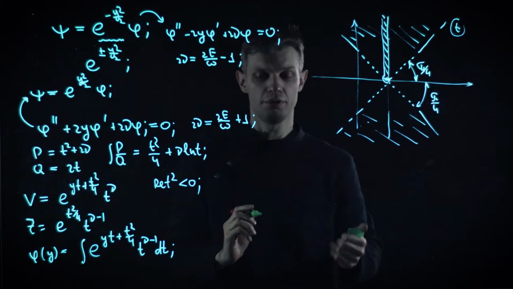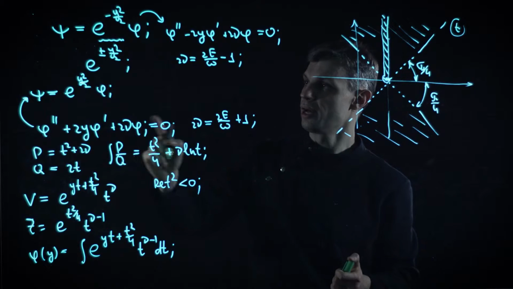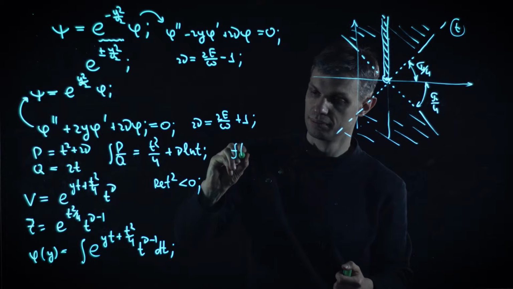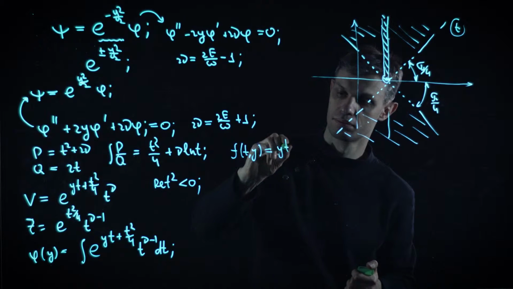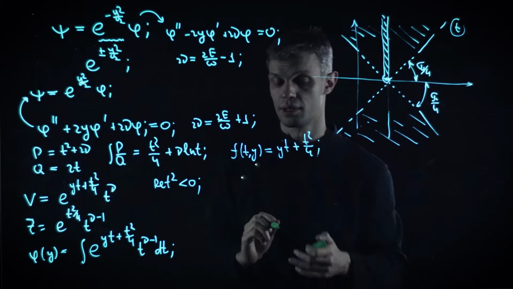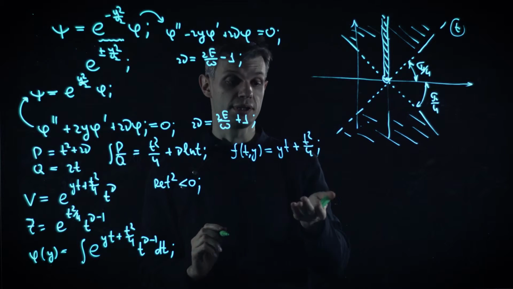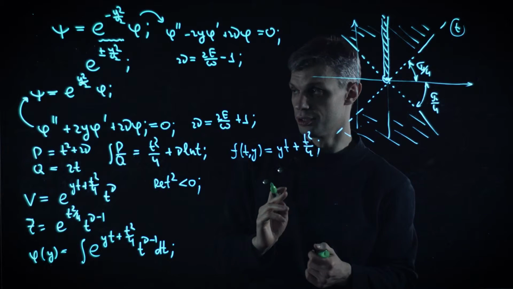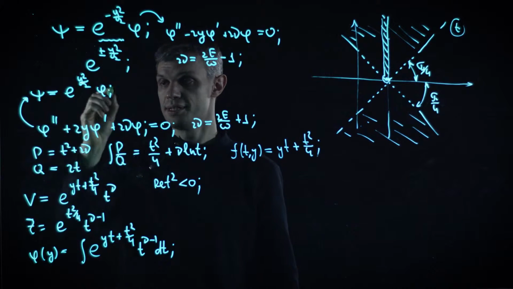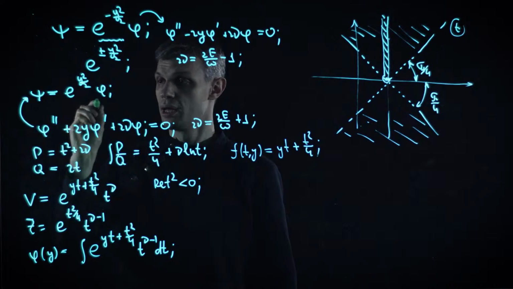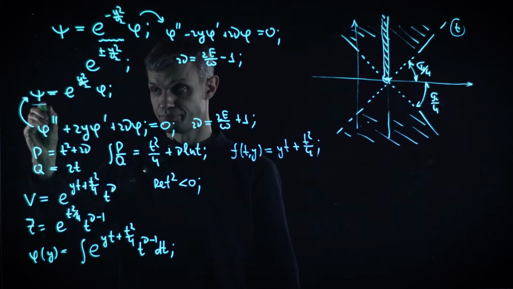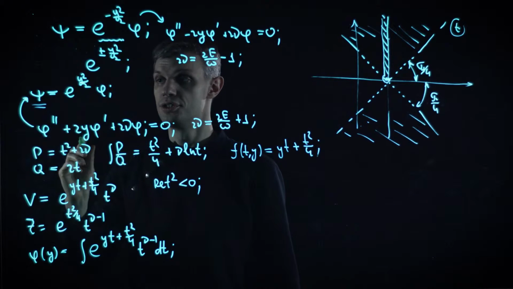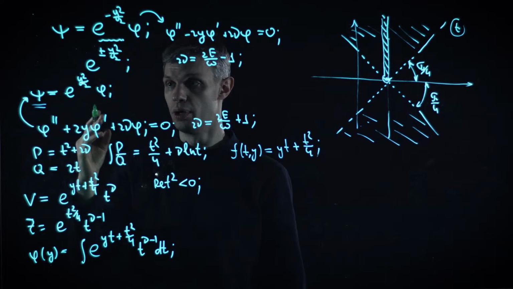Before we draw it, however, let's actually look at the structure of our exponent function, because the saddles of the exponent can actually define the asymptotics of our original solution. By the way, the asymptotics of our solution, so the original wave function, should decay at large values of y.